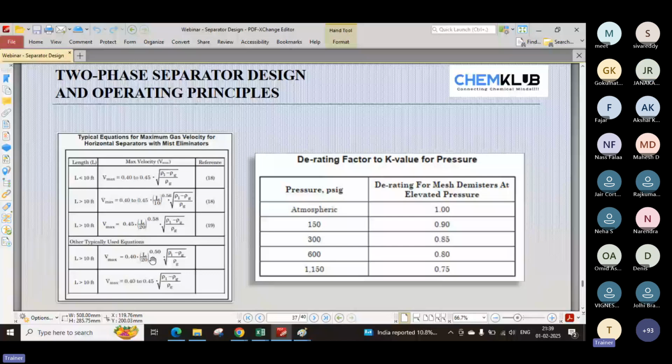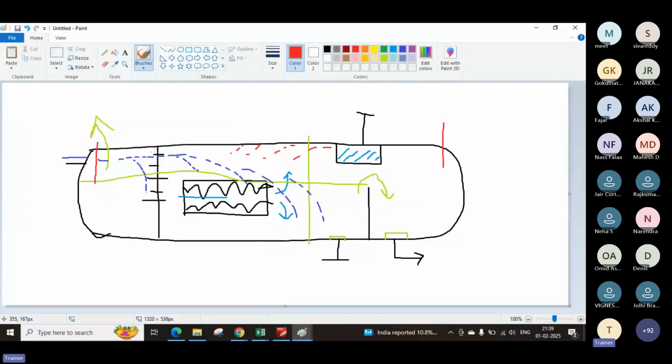Whereas in the case of a vertical separator, there is no parameter which considers the effect of length to calculate the velocity. What happens if you are at this region, your velocity may be different. In this region, some of the fluid has fallen down, so the fluid flowing in the forward direction is less as compared to this side. Even if you go further, the volumetric flow rate of the fluid available to flow in the forward direction is lesser compared to the earlier ones.